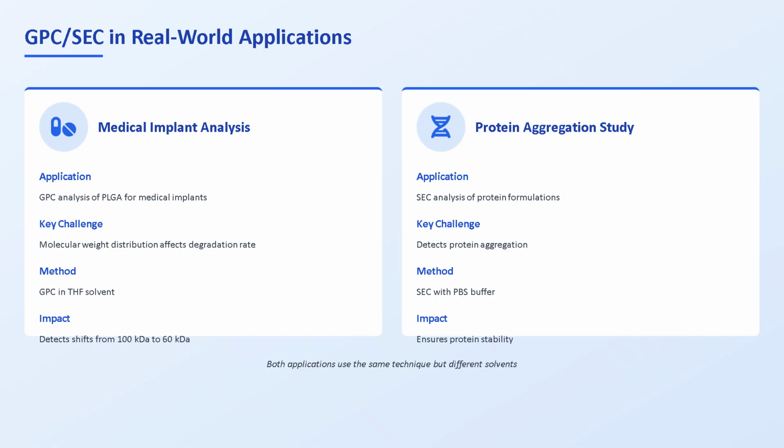Second, protein therapeutics. SEC in PBS is essential to detect protein aggregation. Just a small percentage of aggregates can destabilize a formulation or trigger immune responses. Same principle, different solvents, different analytes, different real-world impact.